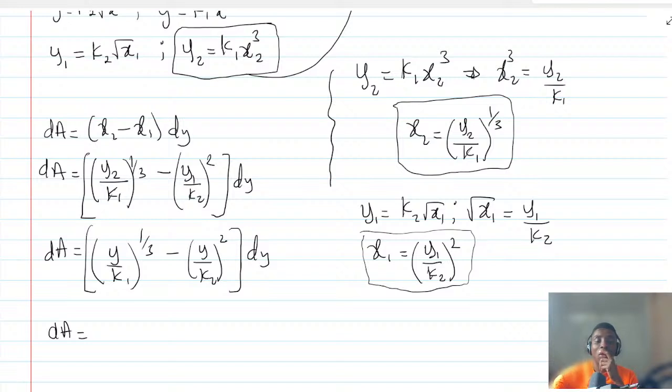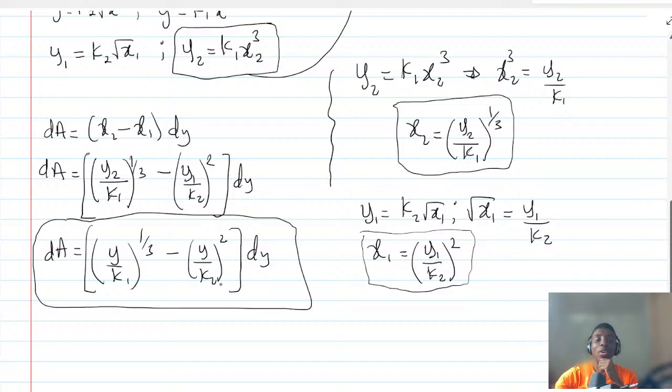But then what do we know? Before we do the integration, I want us to look at something here. This is the expression for dA, that is to say the elemental area.